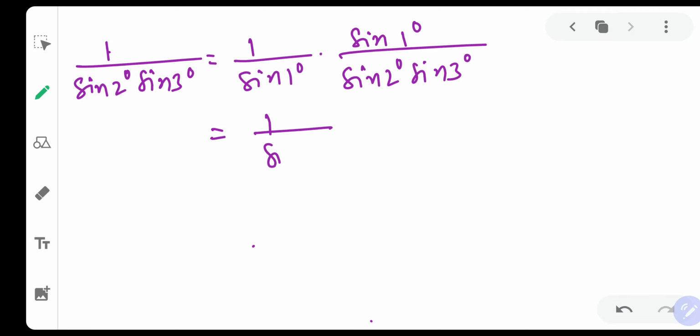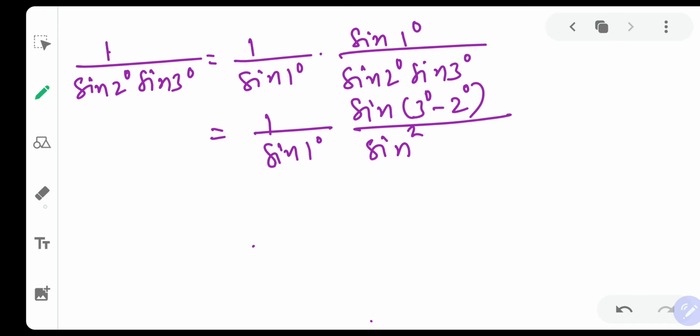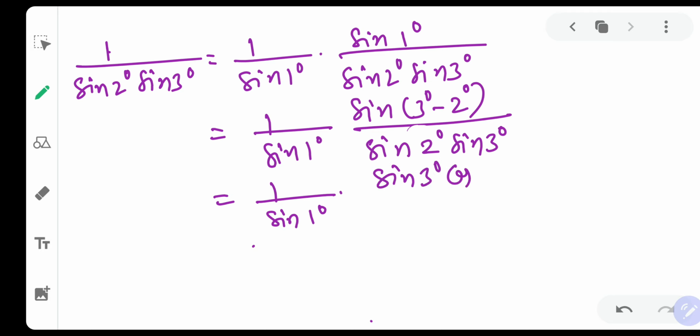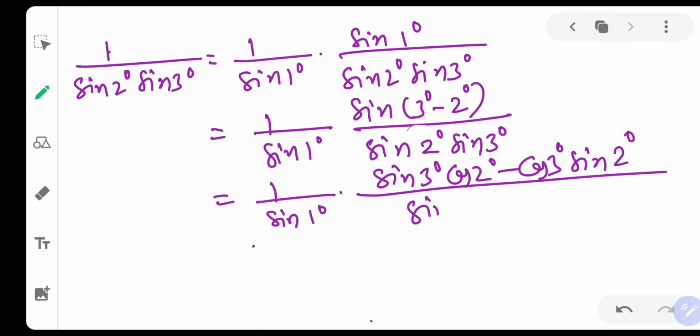So this is 1 upon sine 1 degree and then this sine 1 degree can be written as sine of 3 degree minus 2 degree, upon sine 2 degree and sine 3 degree. Just apply the compound angle formula. So this will be sine 3 degree cos 2 degree minus cos 3 degree sine 2 degree, upon sine 2 degree and sine 3 degree.